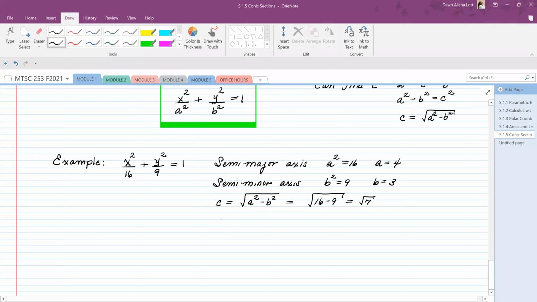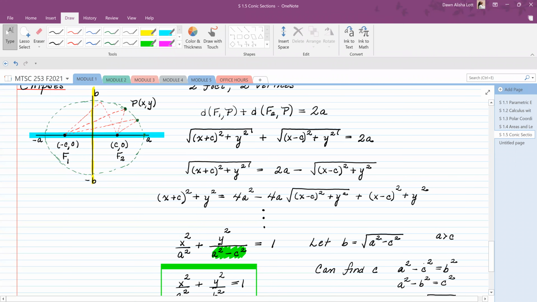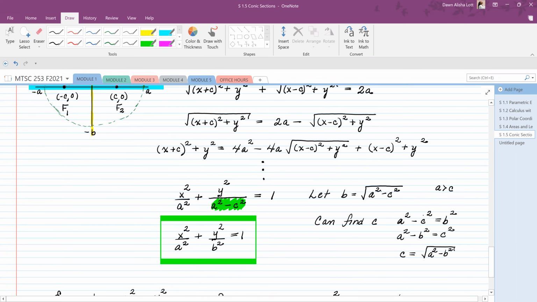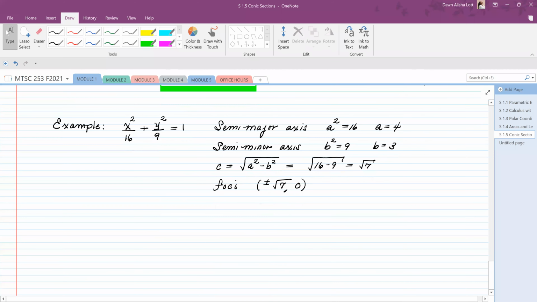So therefore our foci are plus or minus the square root of 7, 0, because they have to be on this axis, the square root of 7, 0. So they're there. And our vertices, the endpoints, are plus or minus 4, 0. Okay. And the center of this is 0, 0.